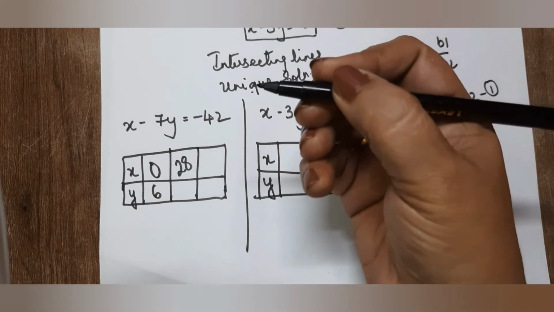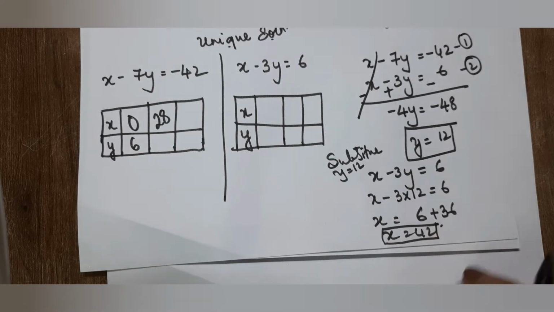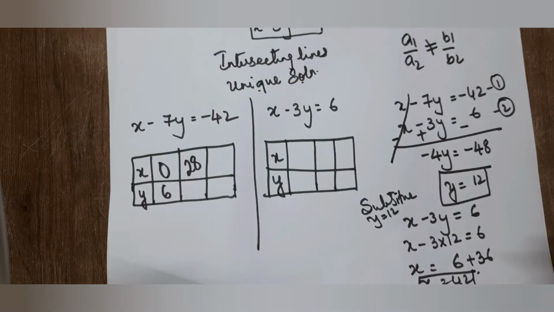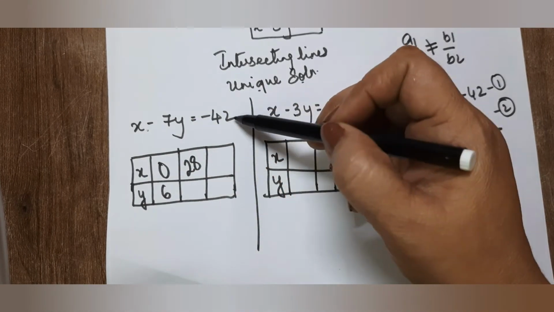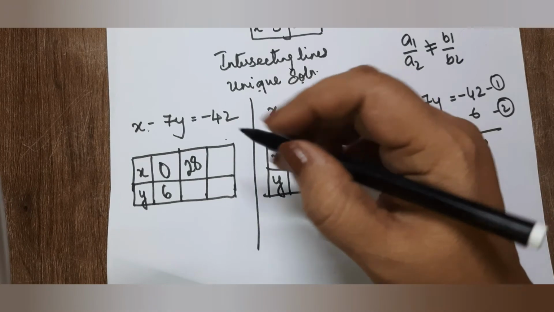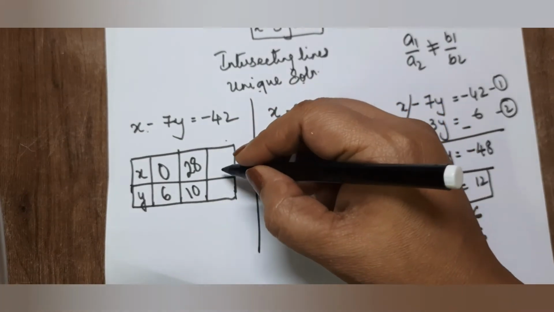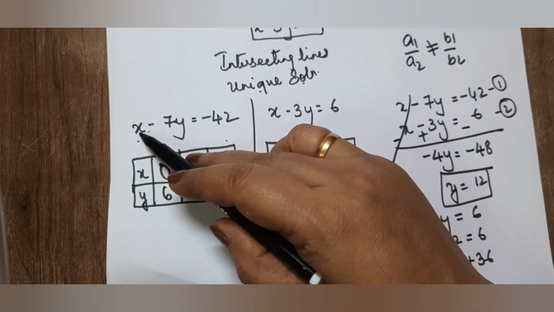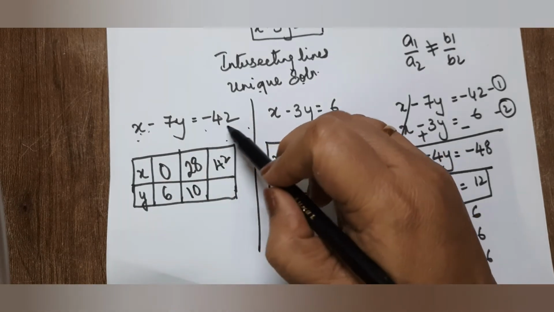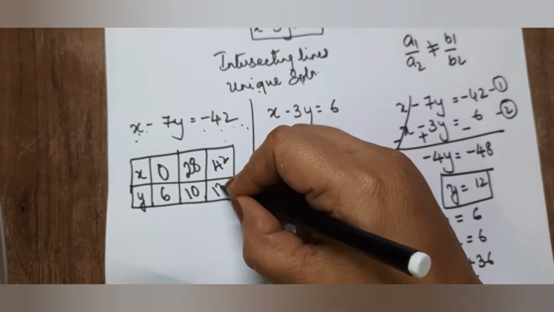I am taking 28 here because x I have to come up to 42. So some values, just by guessing, you can take out. So x is 28, 42 minus 28 divided by 7, you will get here 10. And then if x is 42 here, sending it this side, 42 minus 42, it will become 84, 84 divided by 7, you will get here 12.